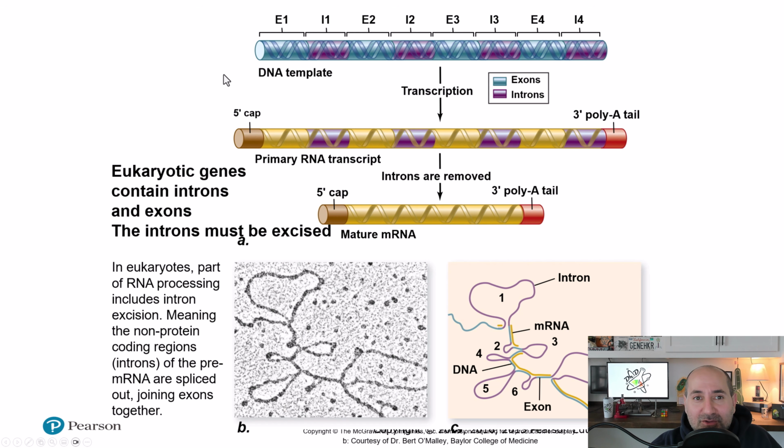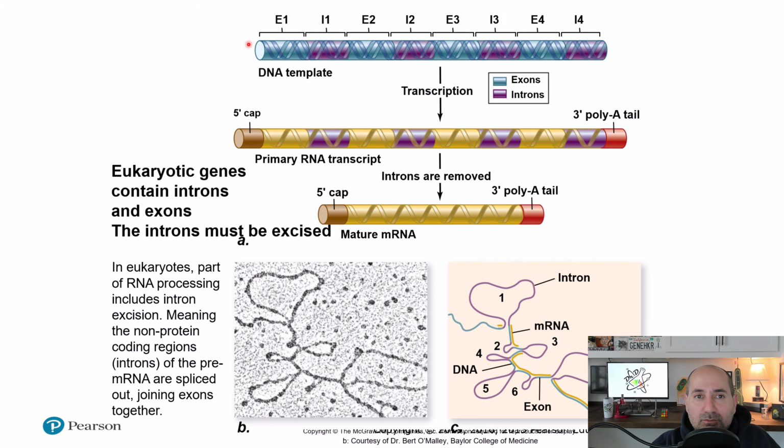So again, to summarize real quick, look at here. If this is the eukaryotic gene across the top, the light blue areas are the coding exons that code for proteins, and the purple areas are the introns that do not code for proteins.